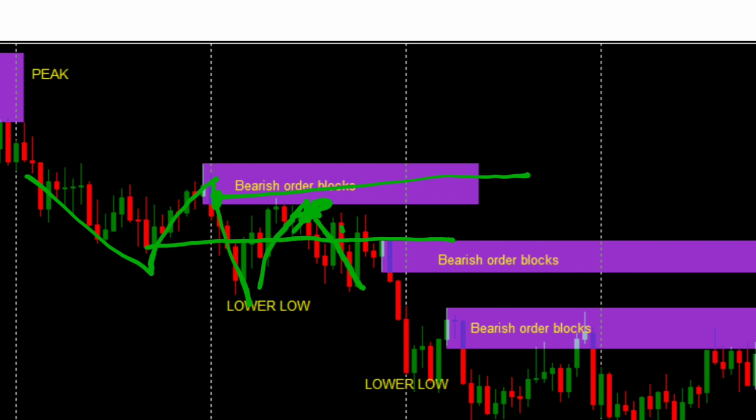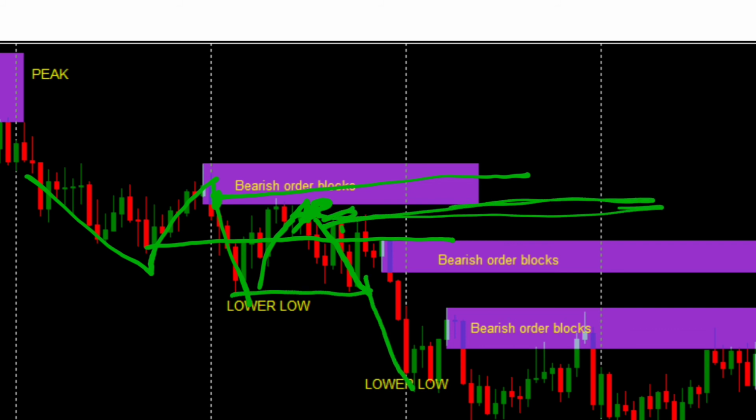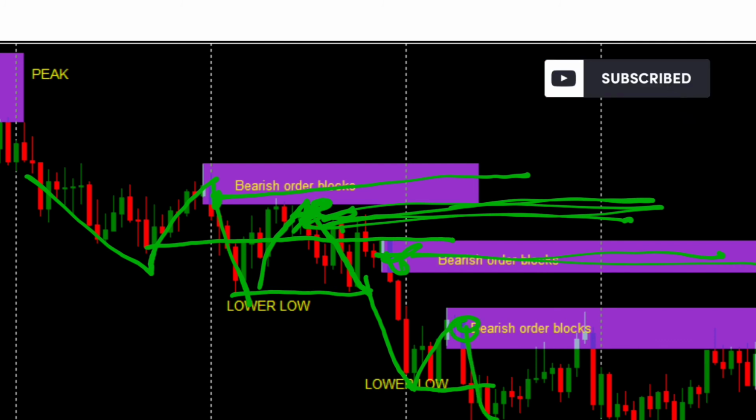And then it broke this structure, went down, so the last one becomes our order block. And then it went up, creating a new lower low. It broke the structure. This area became our order block, and then end.